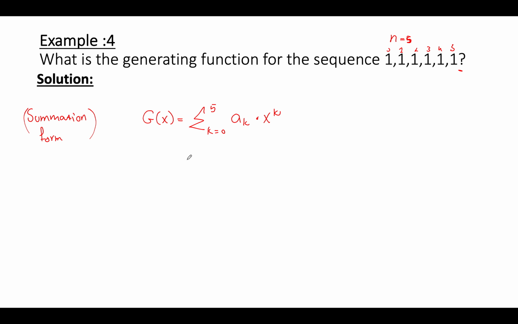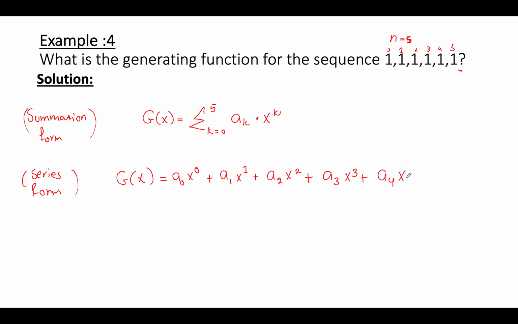Now since it is finite, the series form of this function is equal to a0 x^0 plus a1 x^1 plus a2 x^2 plus a3 x^3, a4 x^4, and a5 x^5.